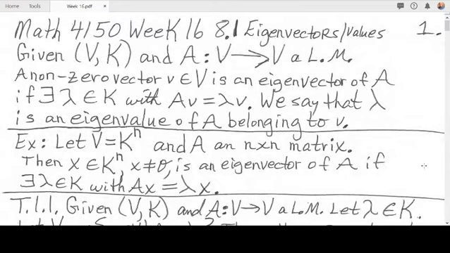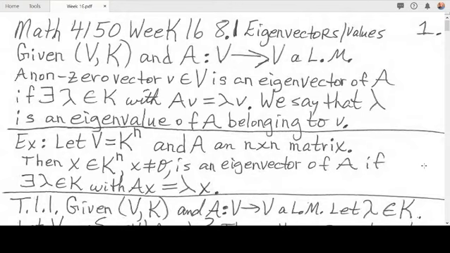Geometrically, the interpretation is that lambda is a scalar that allows v and Av to be parallel or to lie on the same line, as scalar multiples of a vector are parallel to that vector. Our classic example, again, is K^n, and A is a square matrix.